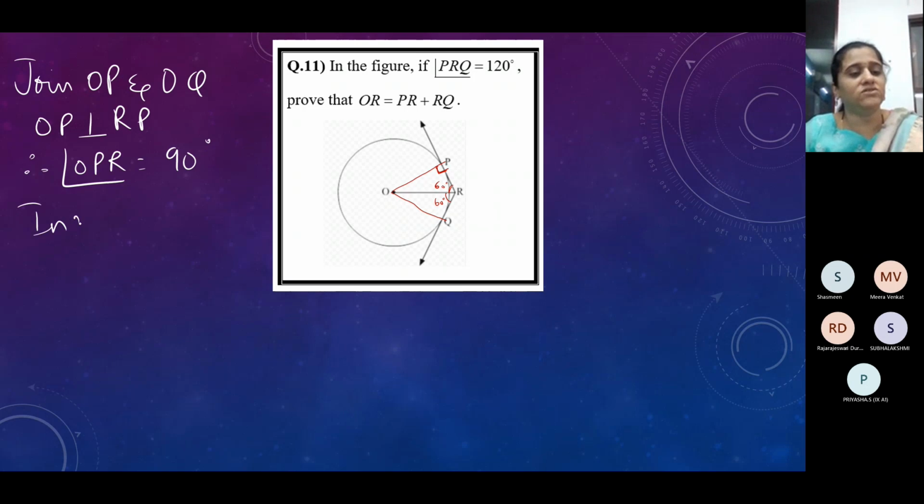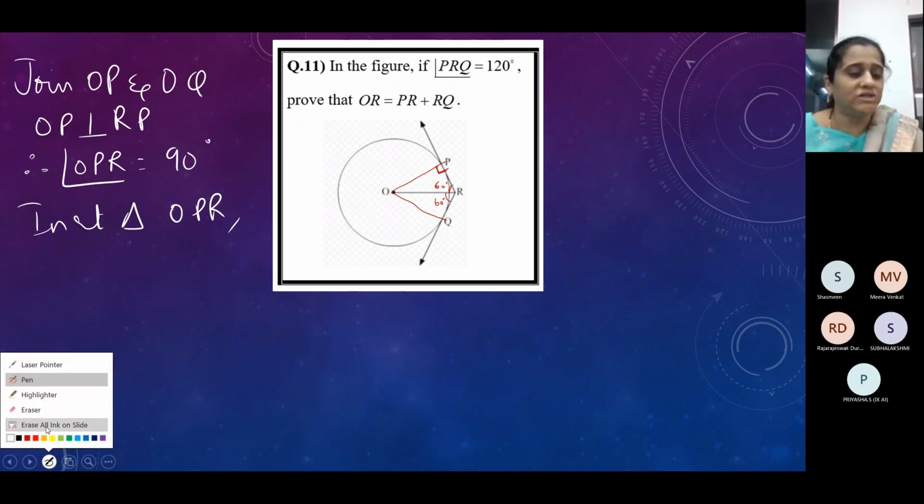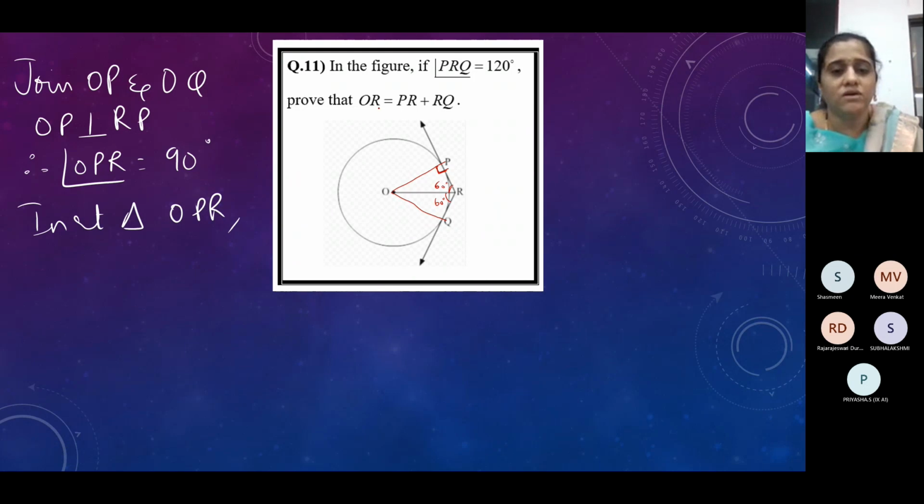So in right triangle OPR, now see the sides, which ratio to use? What is given here? OR, PR, RQ. They want you to connect OR and PR. RQ is here, so leave that.